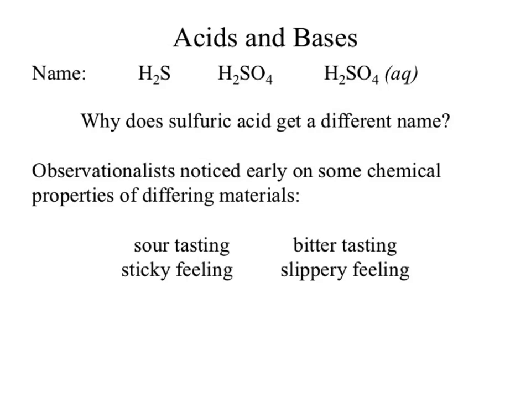So sour tasting and sticky feeling, or bitter tasting and a slippery feeling. We noticed that there were certain classes that had these characteristics. And those ended up getting labeled according to our acids and bases. It turns out that acids are sour tasting and sticky feeling. Bases are bitter tasting and slippery feeling.